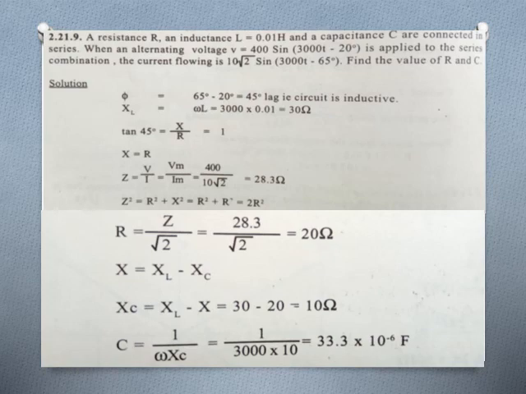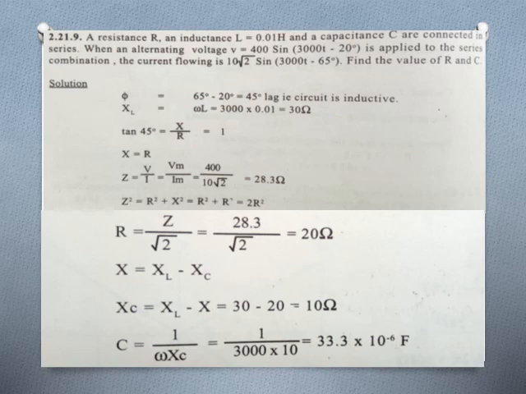X is equal to R. So already the impedance equation Z square is equal to R square plus X square. Or Z is equal to square root of R square plus the net reactance square. So in that X square position, you just substitute it as R square.